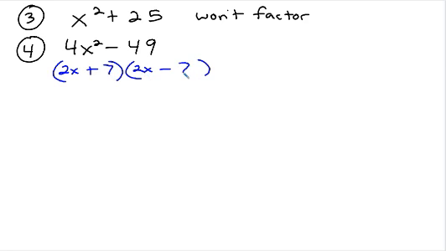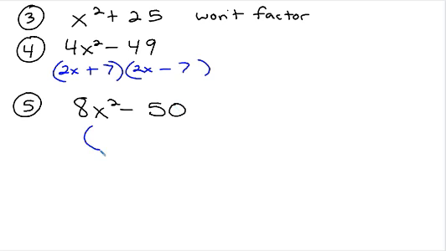Now, there's one other thing I need to show you that I think you could run into, maybe not in tonight's homework, but maybe in tomorrow's. If you see one like this, 8x squared minus 50, if you look at those two terms, those are not perfect squares yet. I could think distributive property backwards. Does everybody see that there's a 2 in both of these?